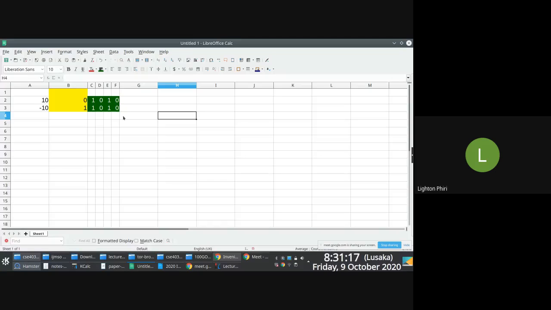Would it be alright to represent a positive without putting a 0 there? Would it be alright not to write a 0 there, since you know that it's a positive, so you don't write anything there? Well, yes, it would be all right. I mean, you could assume that it is a 0.